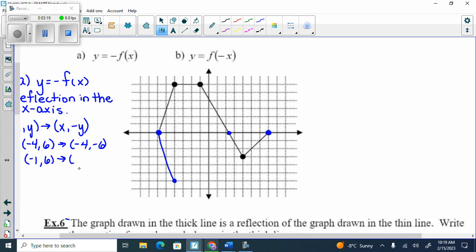It's going to become negative 1, negative 6. Connect them. Then I have this one, 1, 2, 3, 4, negative 3, is going to become 4 and positive 3. And then I have this one stay.